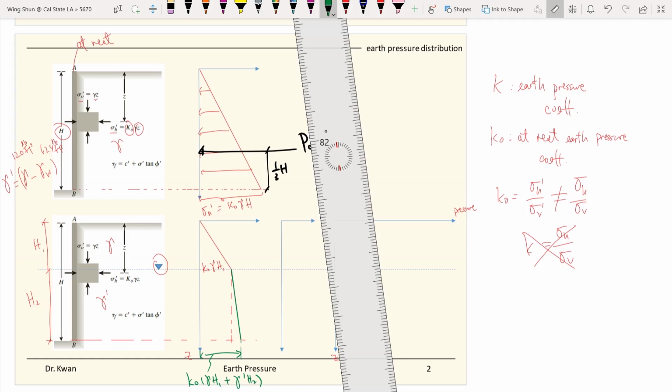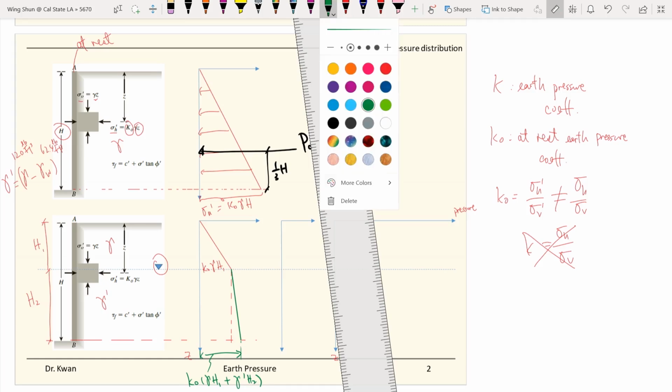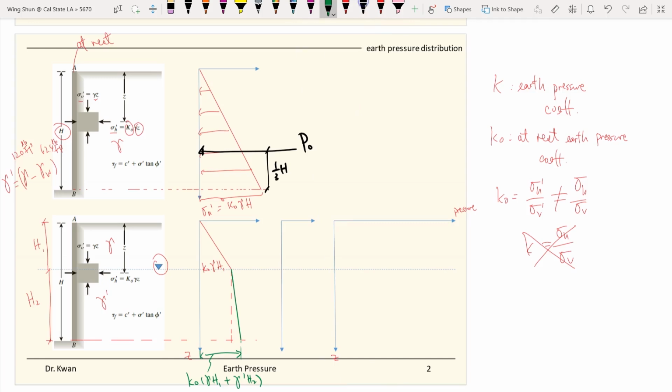And you will have two parts of resultant force. Again, this will happen at one-third of your top part, and for this other area, at one-third of the triangle's height.